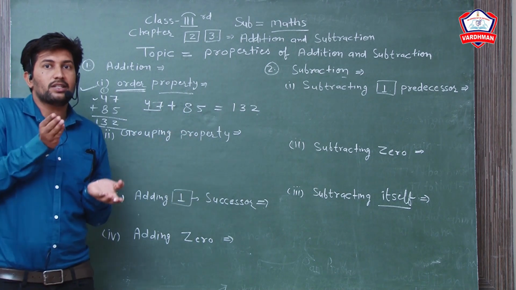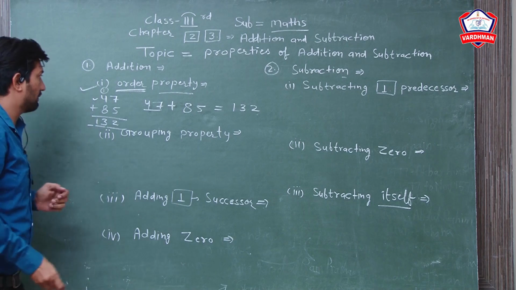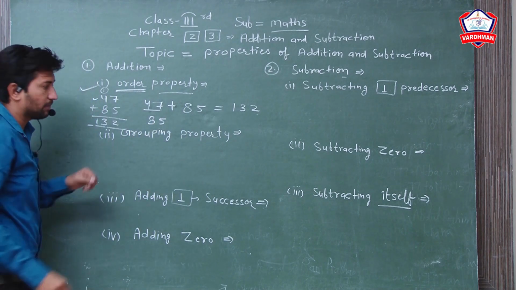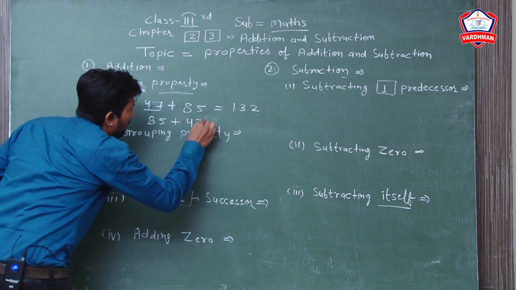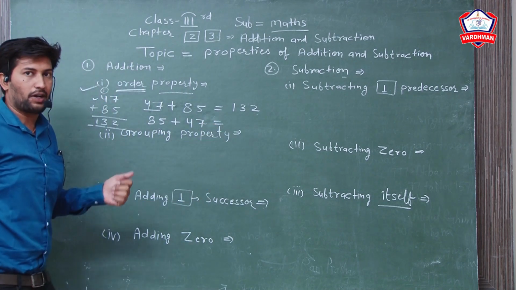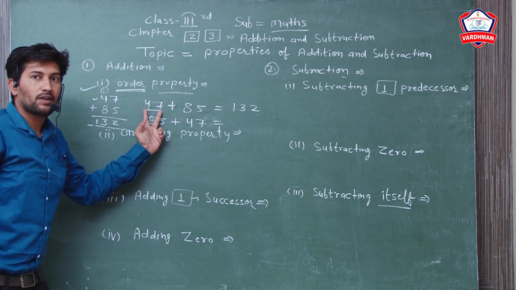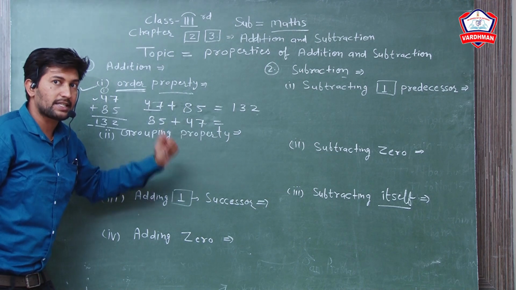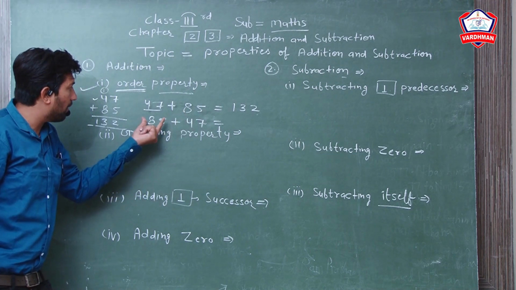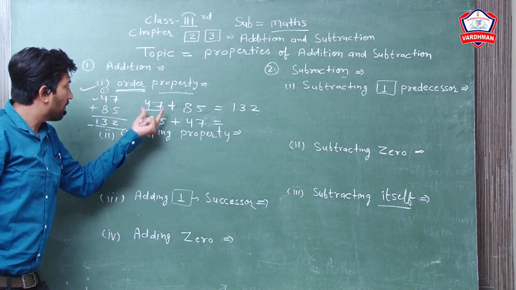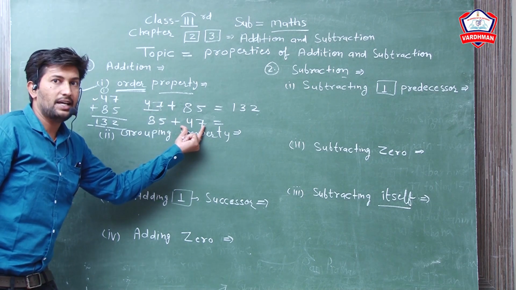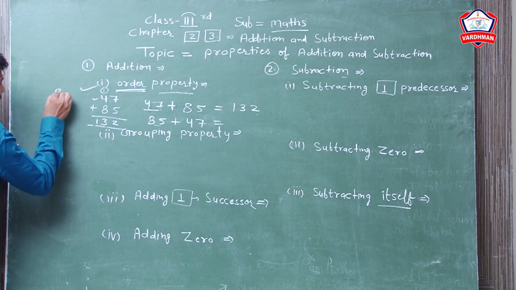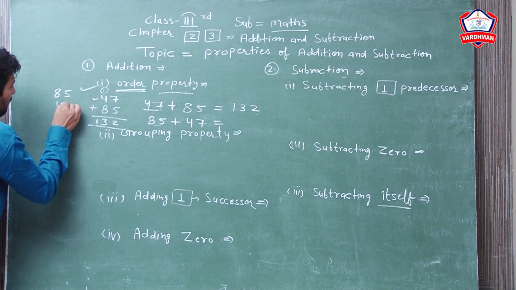Now we will interchange the order of these two numbers. 85 is your first number and 47 is your second. Now we will add 85 by 47.